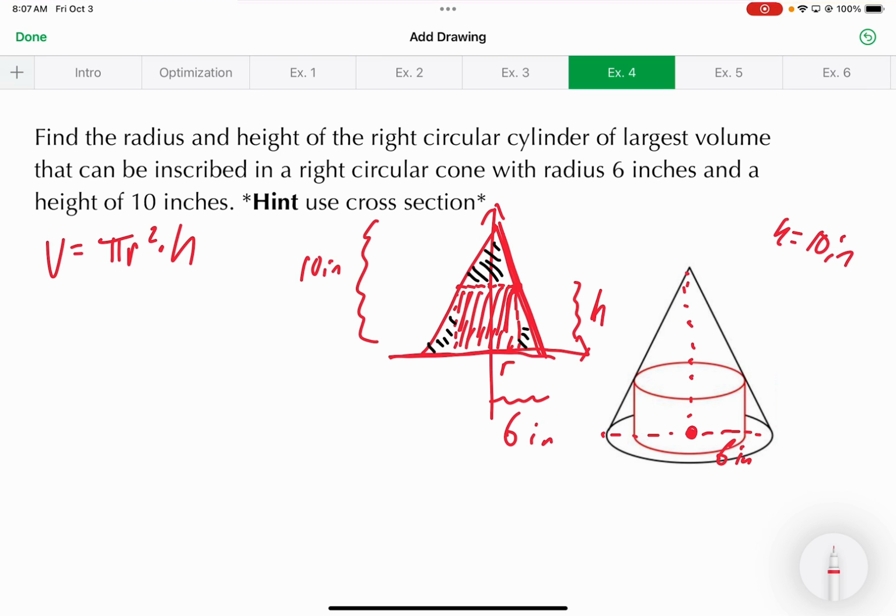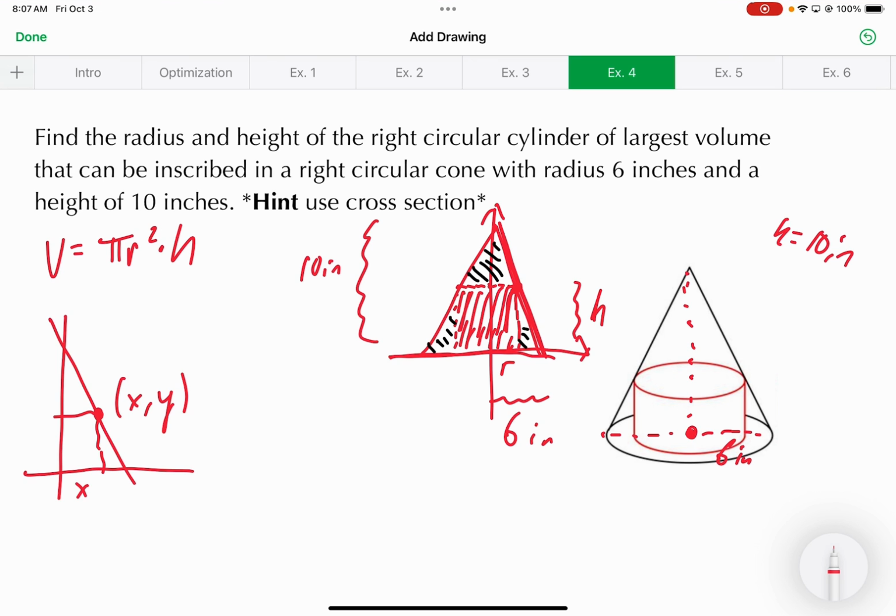Okay? So really the only thing that we can do is imagine bounding it to a set of axes and then coming up with an equation for what this line would be. It's like we've done one like this in the past, where even if you had a rectangle that's inside of a triangle, I can imagine this coordinate point as x, y.